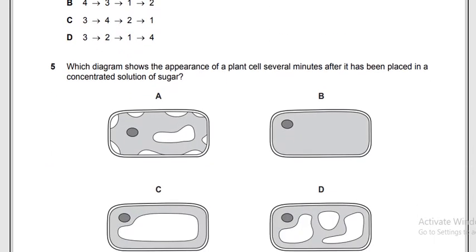Next, which diagram shows the appearance of a plant cell several minutes after it has been placed in a concentrated sugar solution? So this is osmosis. What will happen if it's placed in a concentrated sugar solution? That means the solution has a low water potential.